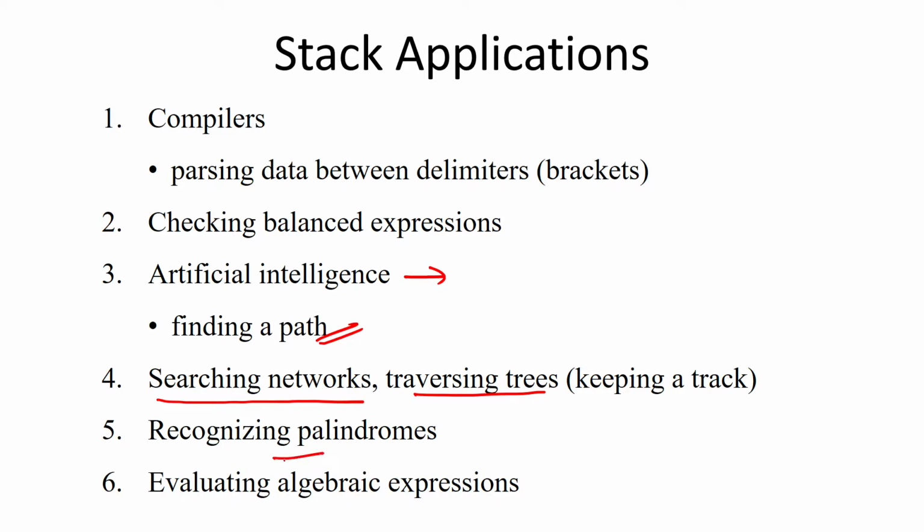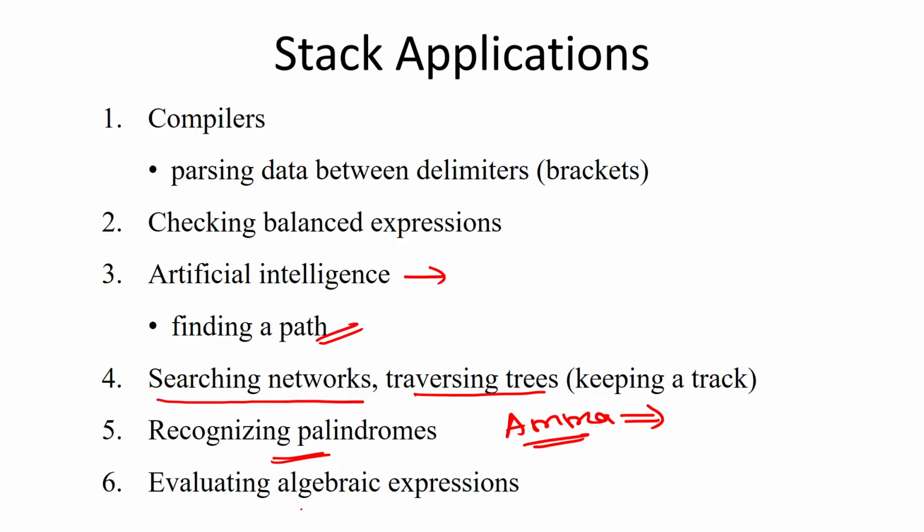And recognizing the palindrome: suppose we are giving the string amma, when you write it in the backward direction, that also gives the same word. For this we can use the stack to check whether the given string is a palindrome or not.